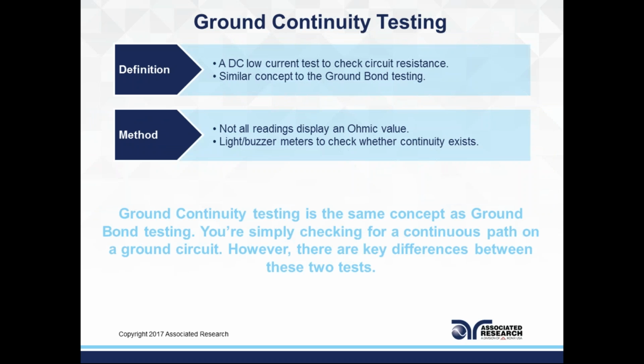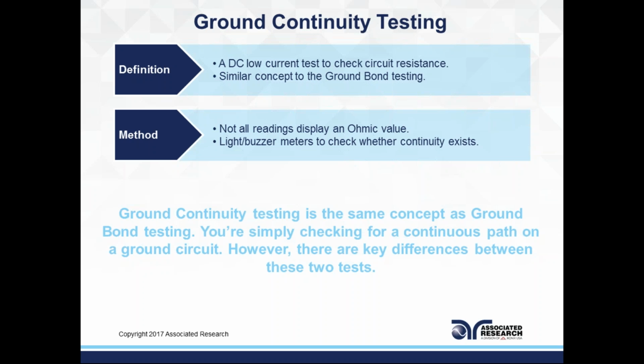So we talked about ground bond testing. This is testing the integrity of the ground circuit. You're making sure the ground circuit can handle that amount of current for that specific amount of time. Now, you will see a lot of the standards, and most of the people that work in production, are not concerned with ground bond testing. They just want to pass the ground continuity. Why?